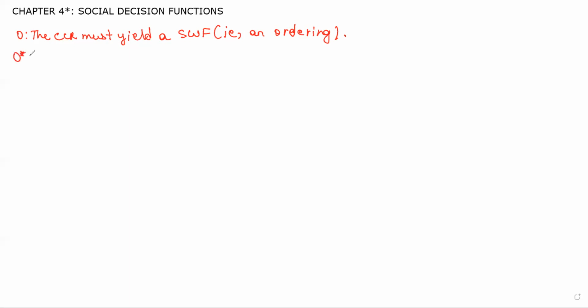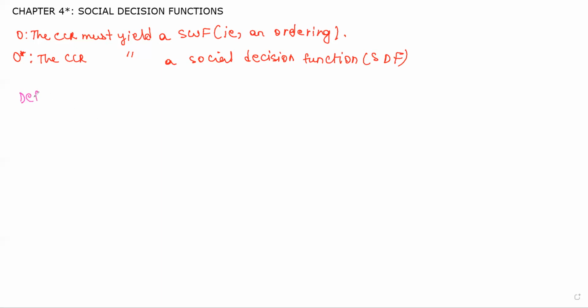We call it condition O star, which is that the collective choice rule must yield a social decision function, or an SDF. Now, what is an SDF? We have to define an SDF.